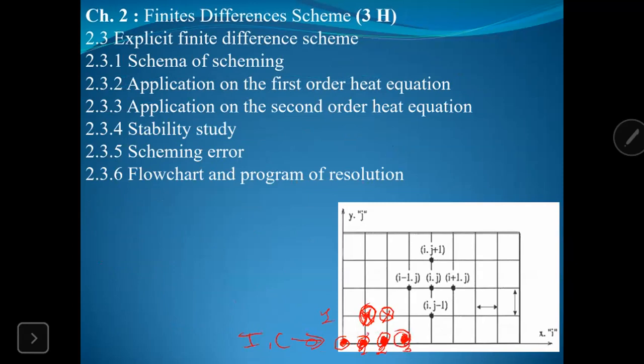Then from this one, I determine this point here. And then the following, from these 3 points, I determine this point. From these 3 points, I determine this one, and so on.